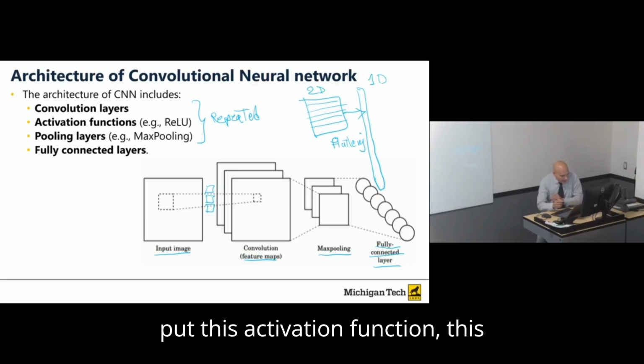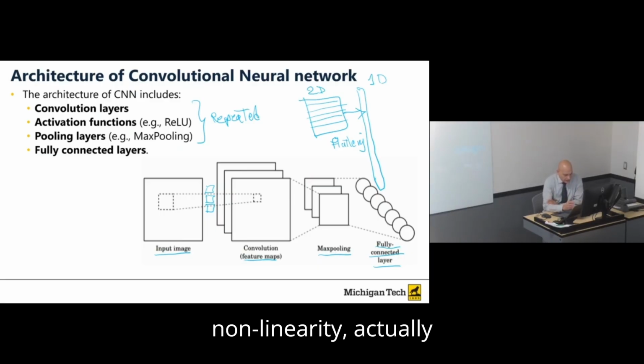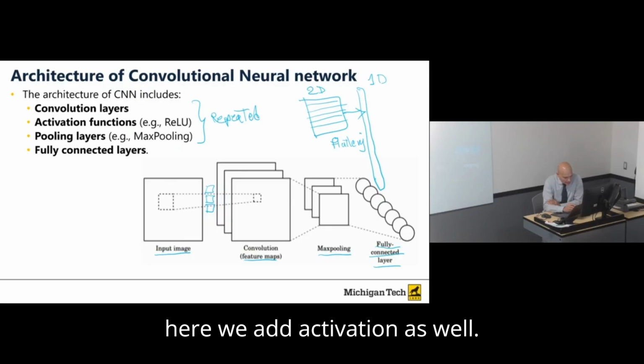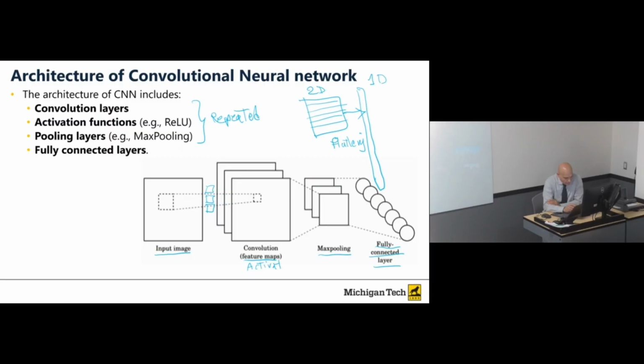Where do we put this activation function, this nonlinearity? Actually, the nonlinearity happens in this convolution, so here we add activation as well. You're going to see that nicer in the next slide.